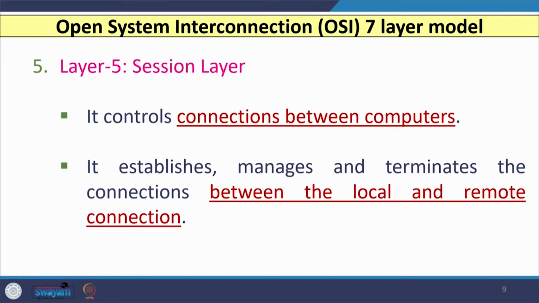It also establishes, manages and terminates the connections between local and remote. So, if you wish to establish, manage or terminate a connection between local and remote, that is done by the session layer.